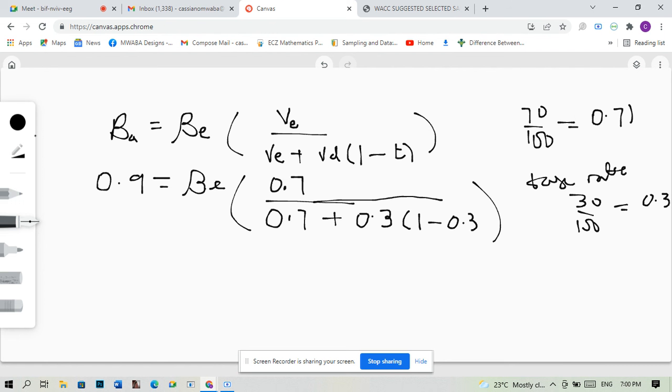Okay, let's get our calculators, guys. Let's divide 0.7 over 0.7 plus 0.3 times this. Give me the value that you get.